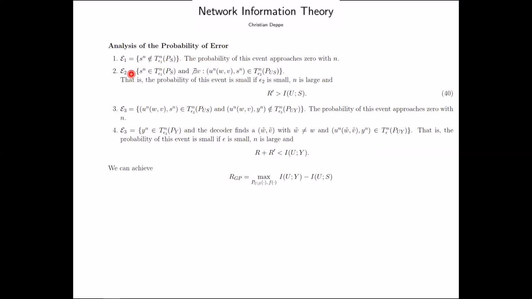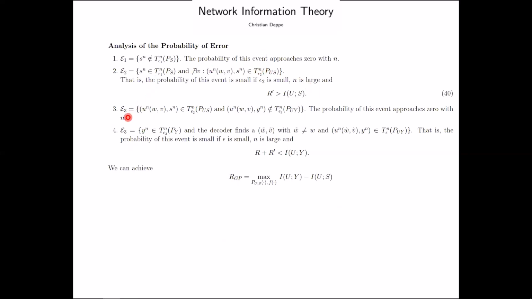The second event is that the state sequence is typical, but we don't find a V such that a codeword and the state sequence are jointly typical. Of course, we can avoid this when we choose a bin big enough. And we showed that if we choose R' greater than the mutual information between U and S, then this error probability is small.